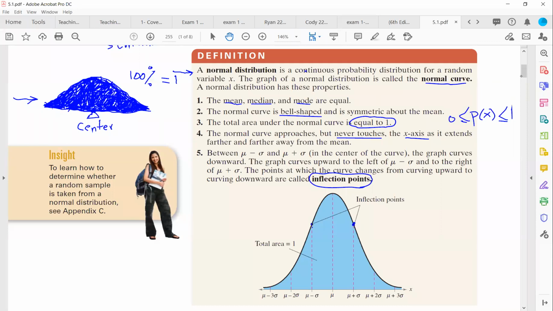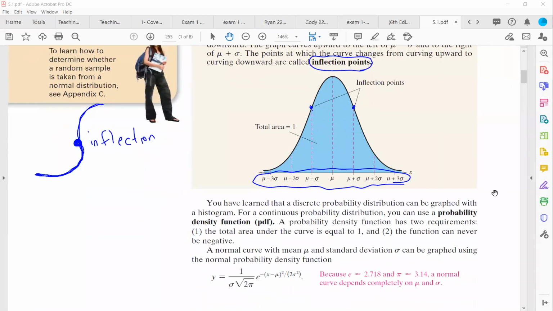These 2 points. Curve downward, curve upward. Inflection point dividing these 2 being downward and upward. I see. Thank you.